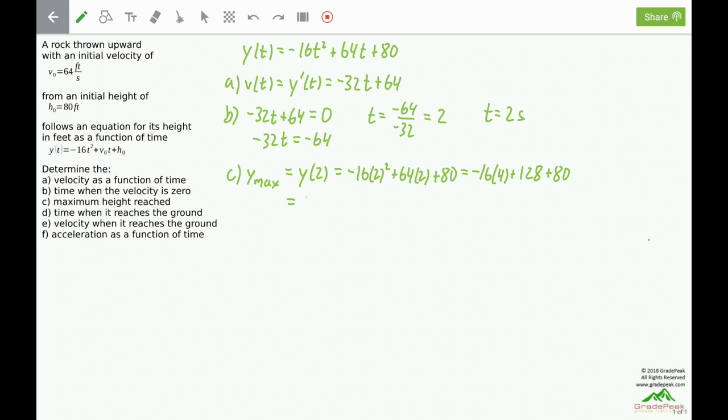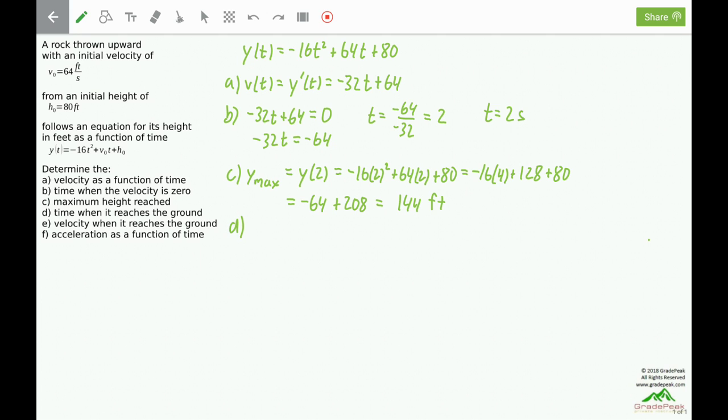Negative 16 times 4 is negative 64, plus 128 plus 80. Adding those together would give us 208, and so 208 minus 64 comes out to 144. Our units for height will be in feet, as we can see over here in the v naught and the h naught. 144 feet.